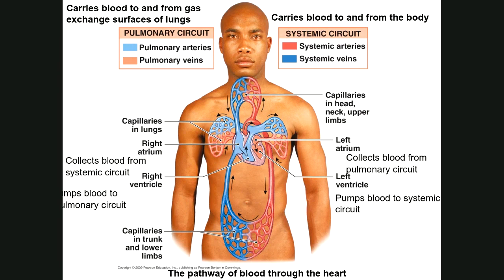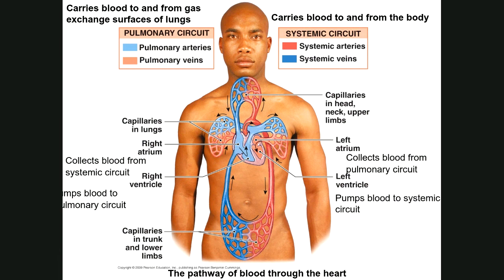Think about it like this: when somebody is running out of oxygen, they become blue. So anything that is blue over here is blood circulating poor in oxygen, and anything that is red is blood that is very rich in oxygen.